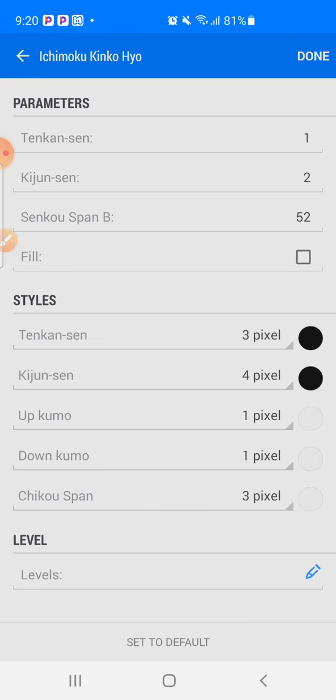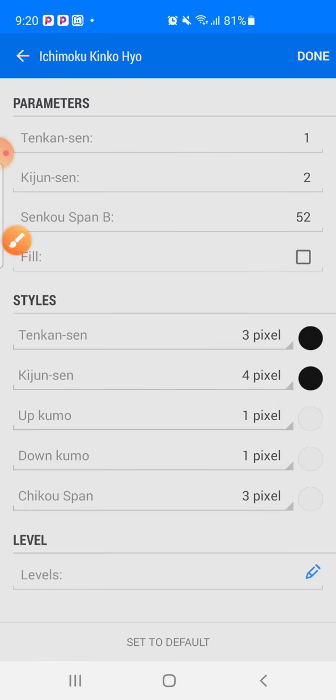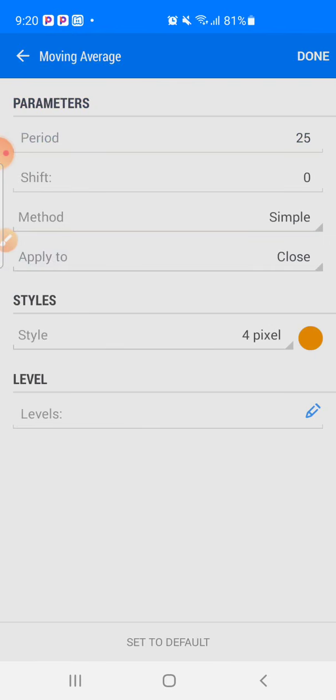But third, fourth, fifth, that is the up combo, down combo, and the other one, you just change it to your background color. Once you change it to your background color, you click done, and the last indicator is our moving average 25, shift 0, method simple, apply to close. You can see these 4 pixels, then change it to any color of your choice.